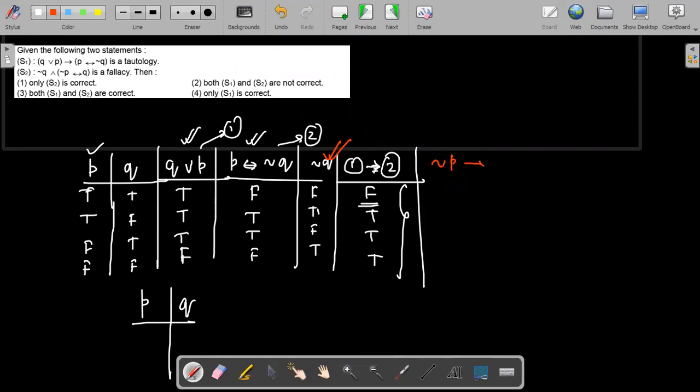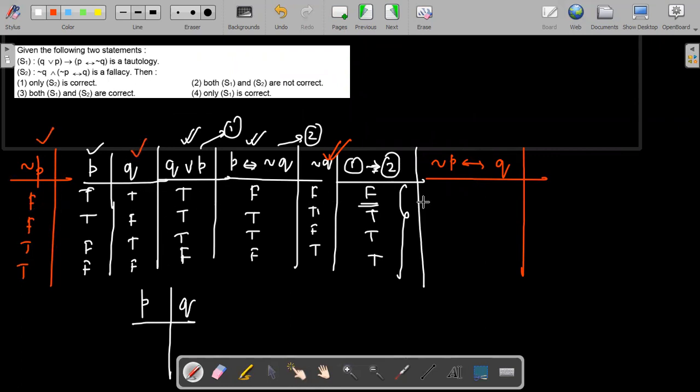Not P biconditional Q. Let's calculate not P: false, false, true, true. Not P biconditional Q: false, true, false, false, false, true, true, false, false, true, false, false. No problem.